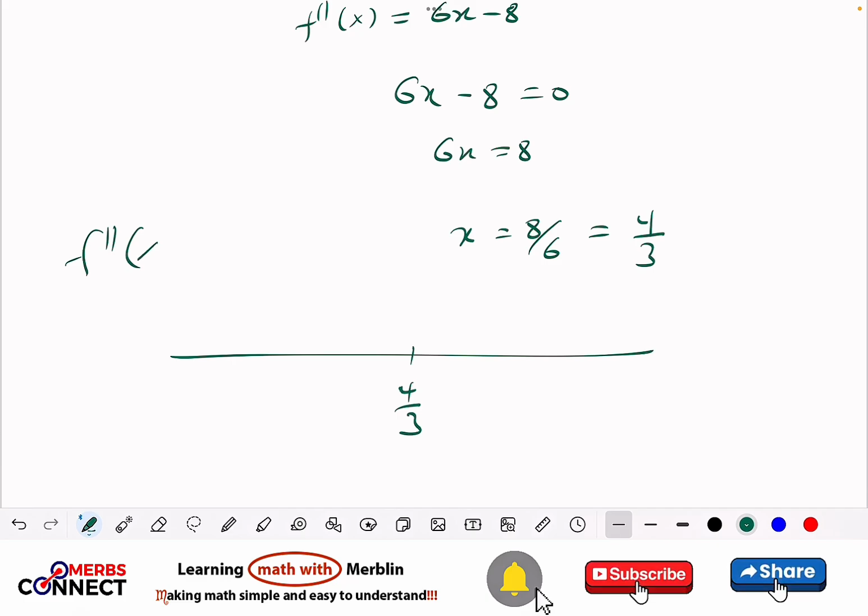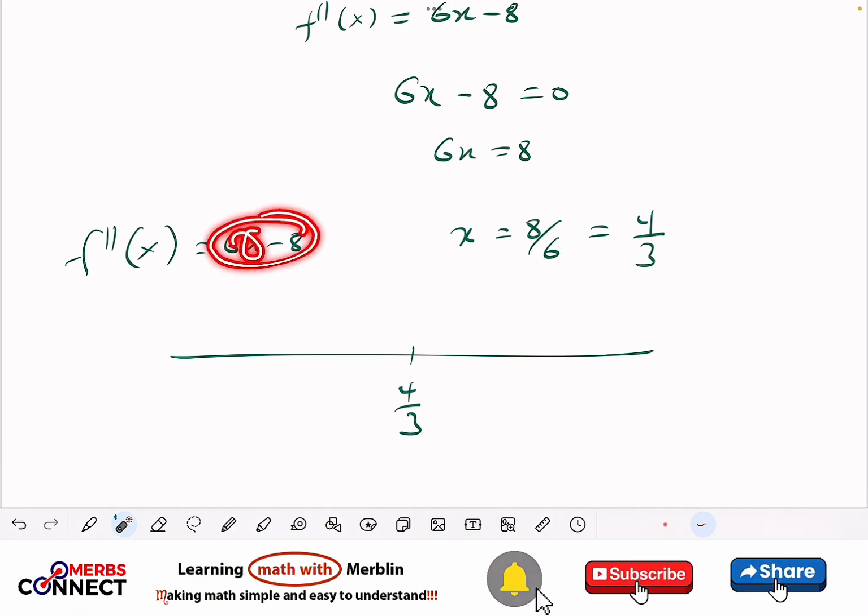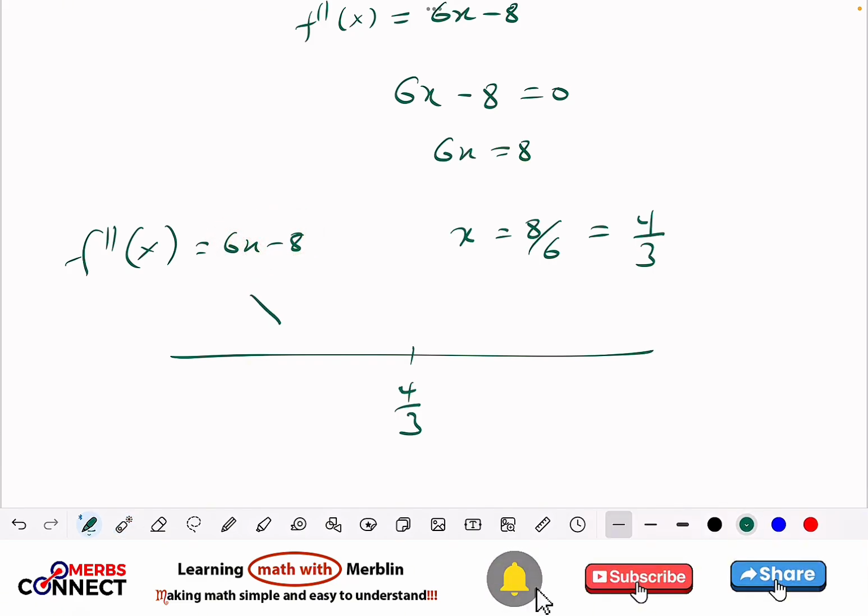So the second derivative was equal to 6x minus 8. So let's pick something here. Remember, this is 4 over 3, so this is kind of like 1 point something. So I can plug in 0 here, right? When I plug in 0 here, this is going to be minus. So this is going to be concave down because this is minus.